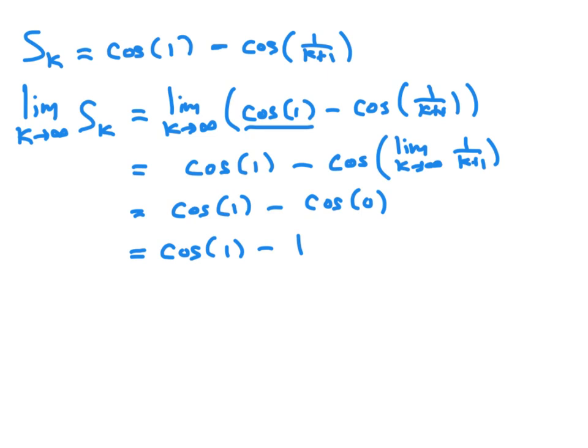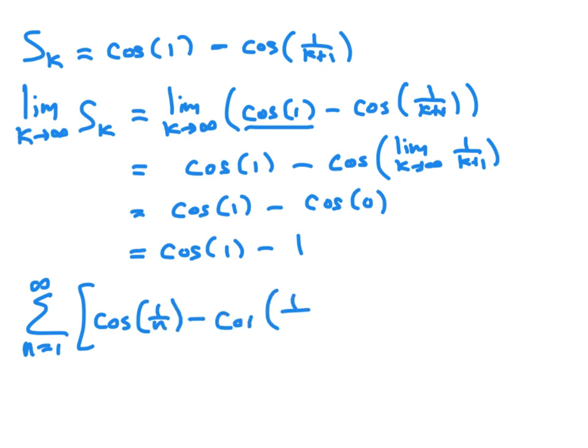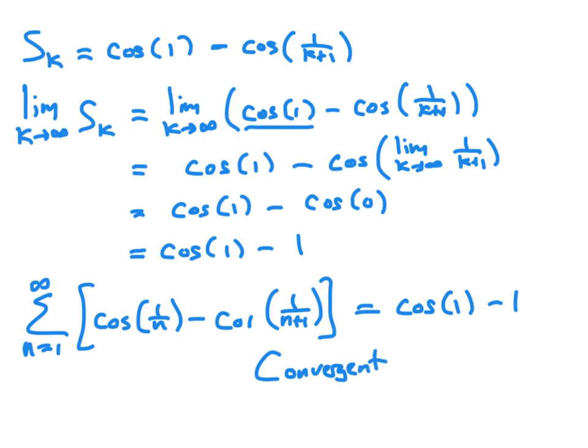Since this is a perfectly fine number, this shows that the sequence of partial sums, S sub k, is a convergent sequence, and therefore our series that we were considering in this example, the series n equal 1 to infinity of cosine of 1 over n minus cosine of 1 over n plus 1 is a convergent series, and it converges to the sum of cosine of 1 minus 1 because this is the limit of the sequence of partial sums for this series. So we have a convergent series with a sum of cosine of 1 minus 1.